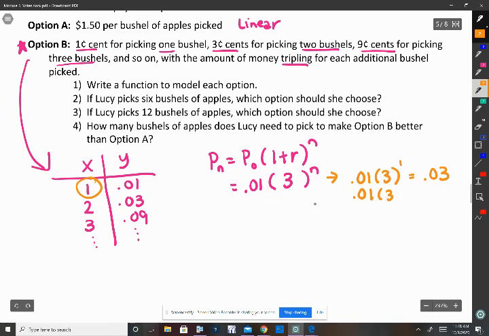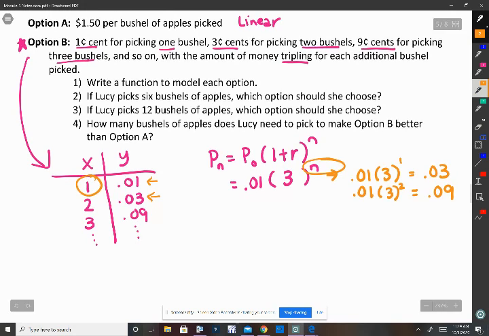If I pick 2 bushels, then I end up with 9 cents. And notice how you're off. You were supposed to get 1 cent here. You're supposed to get 3 cents here when I put in 2. But you're just 1 off. I want you to think about what can you do with this power to make it so that it's going to work out. And so that's just my little hint for the written assignment. If you get stuck and want to throw some things out, or we can discuss it, go ahead and email me, or we can do a Zoom real quick and talk about it.